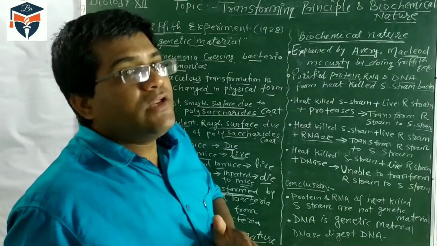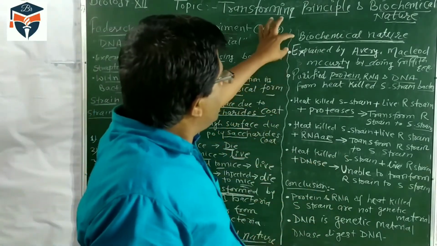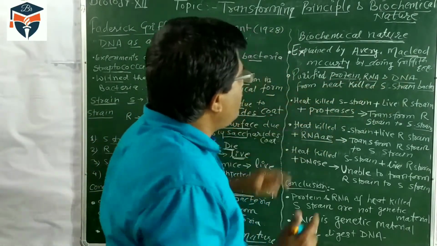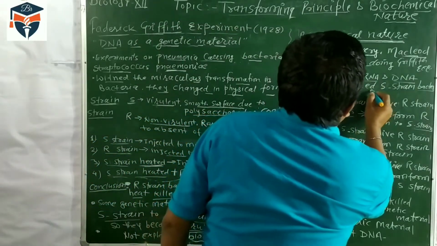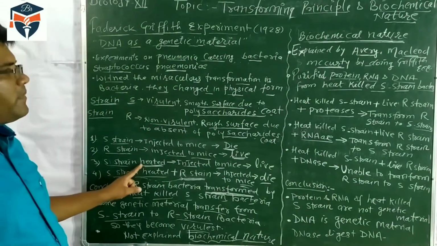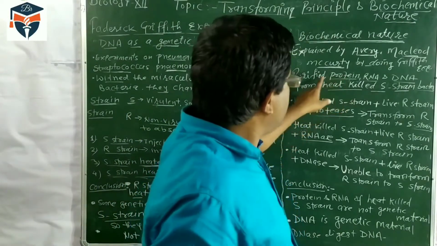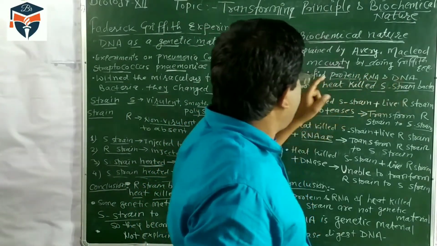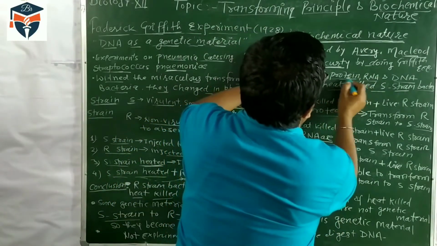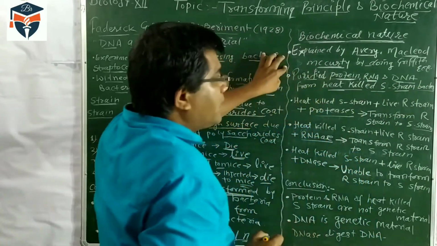What is actually transformed? Is it DNA or is it protein? First, they purified protein, RNA and DNA from heat-killed S bacteria.